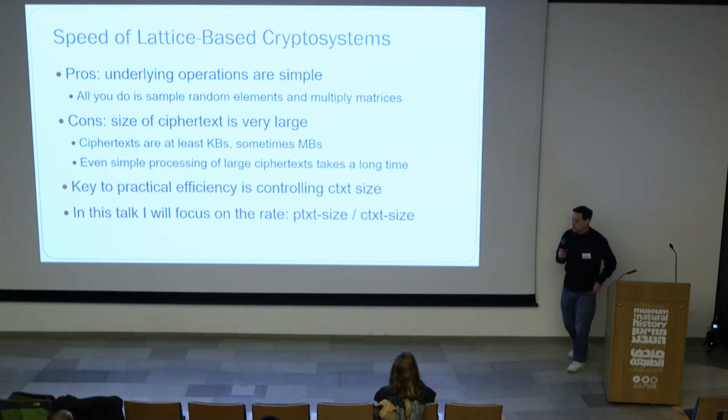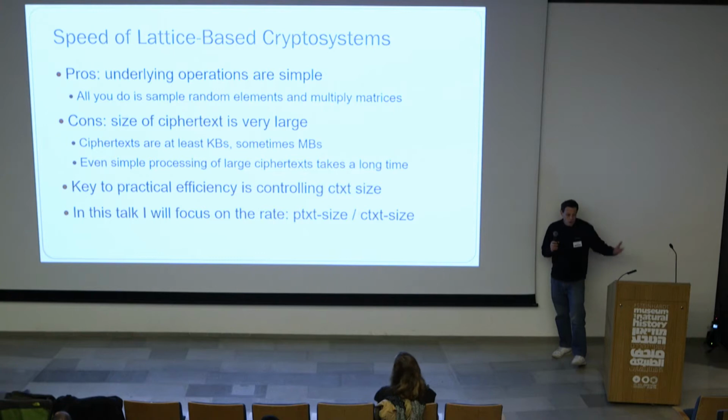That's all. On the other hand, the size of the ciphertext in those systems is typically big, at least a few kilobytes, and if you're trying to compute deep circuits, could be megabytes per ciphertext, which means that these matrices are big. So all you do is multiply them, but you multiply matrices of high dimensions, so it's still slow.